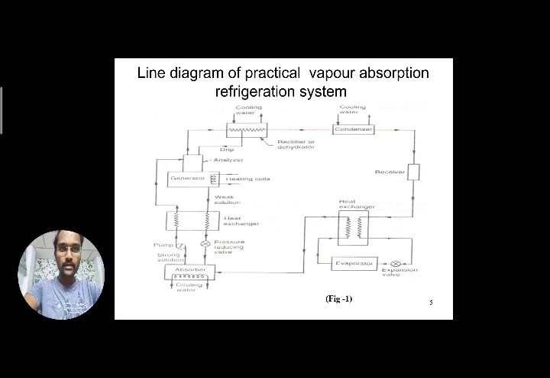We have seen this for the ideal vapor absorption system. Whereas if you observe the practical one in the line diagram, look at what the additional components are and where they are placed.